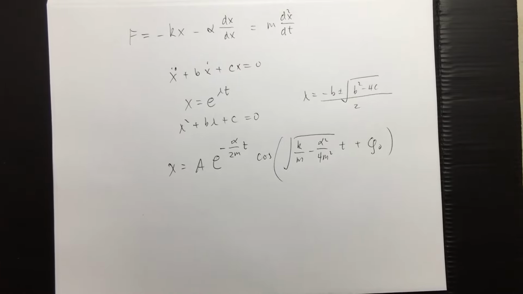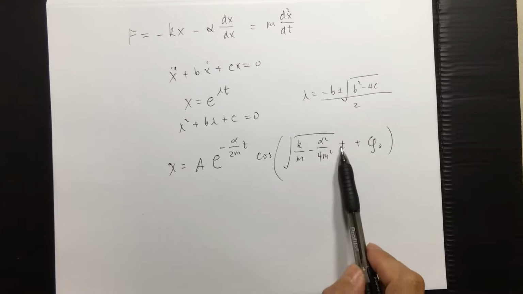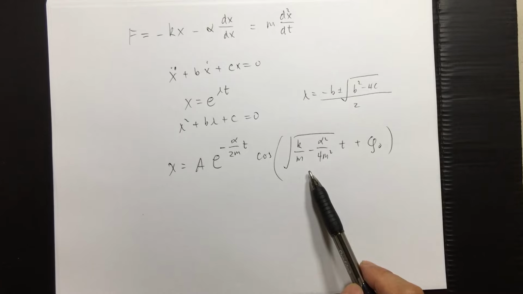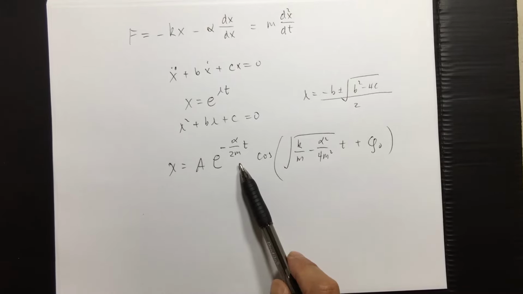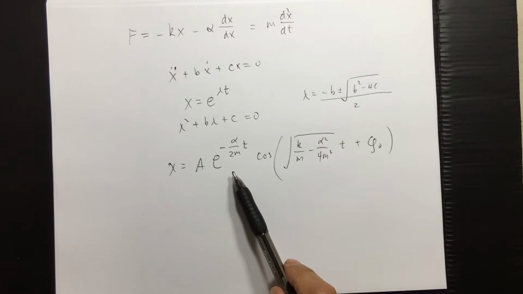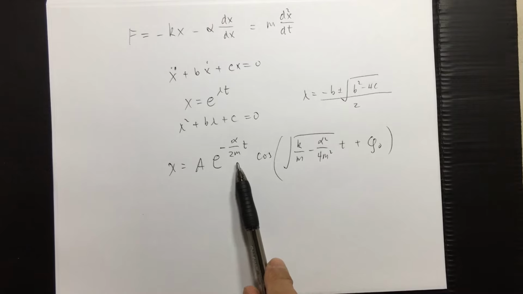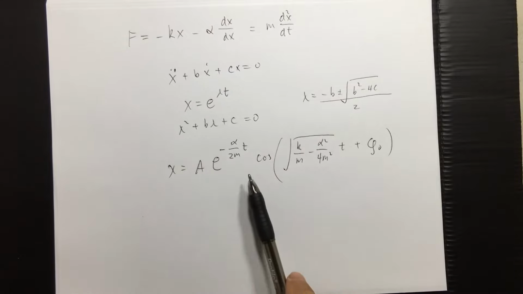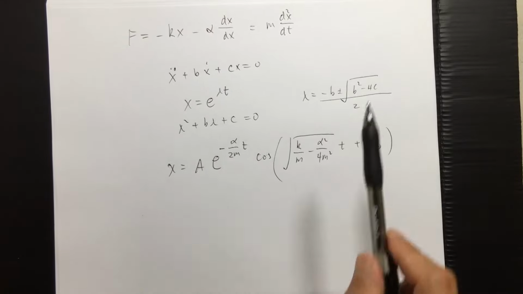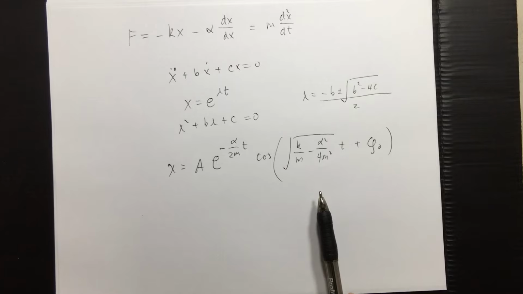So now, look at this. This moves with this angular frequency, and look at this. This is interesting. The amplitude goes down exponentially as t goes up. It has something to do with alpha, something to do with m, something to do with k. You see this?